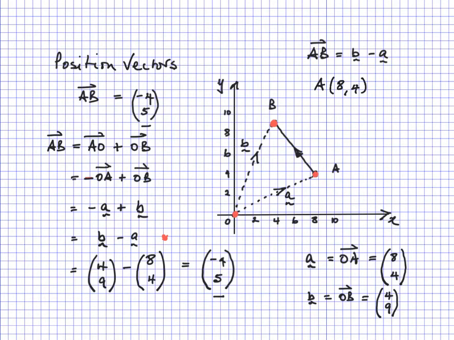I can then go to the position vector of the point A and write the coordinates as a column vector. Similarly for B, B has coordinates 4, 9, so the position vector of the point B has components 4, 9, written as a column vector.